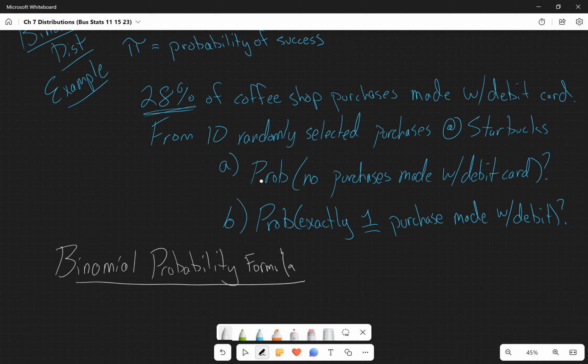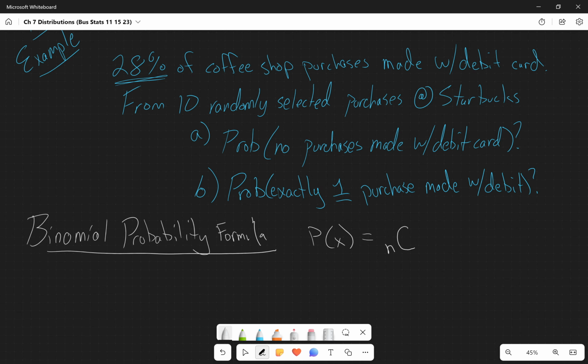The binomial probability formula states that the probability of something happening is equal to nCx, looking at the combination, multiplied by pi, not 3.14, but the success ratio, the probability of success for each trial, pi to the x power, times 1 minus pi to the n minus x power.